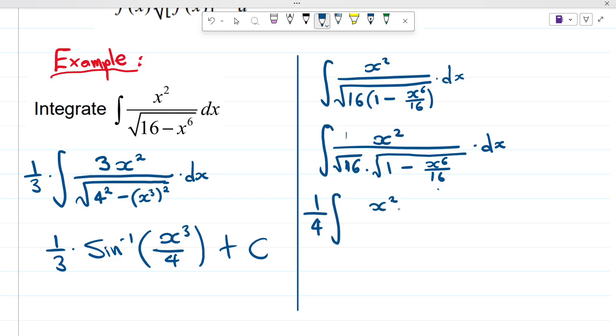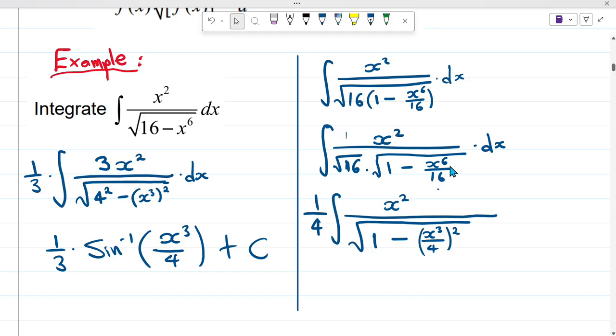We have x squared there, and then this x squared is divided by that thing of 1 minus. So we need to make sure that this is going to be x cubed over 4, so that I then square it.